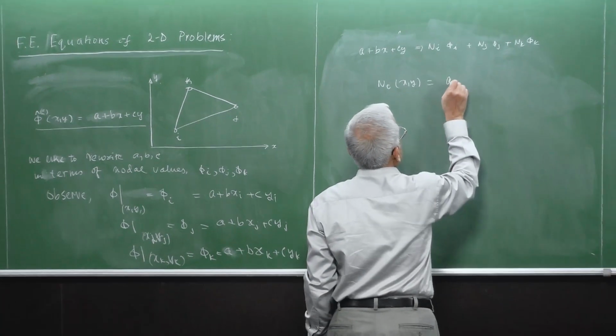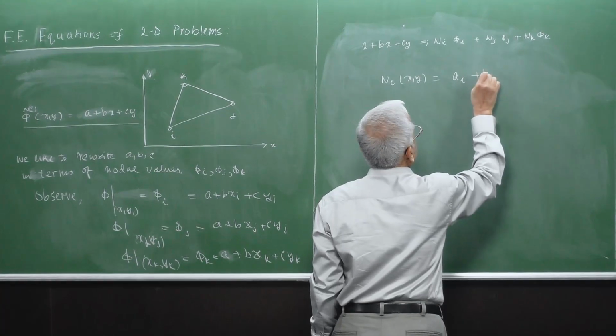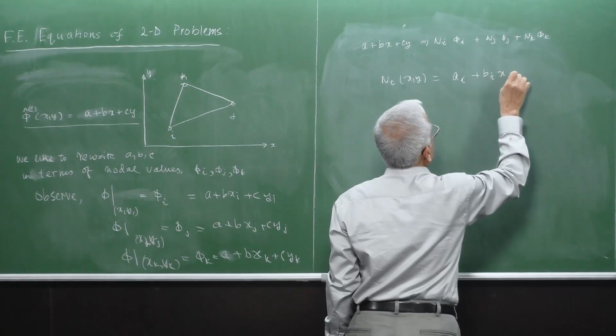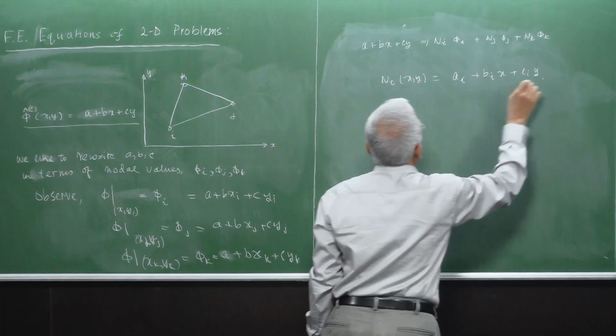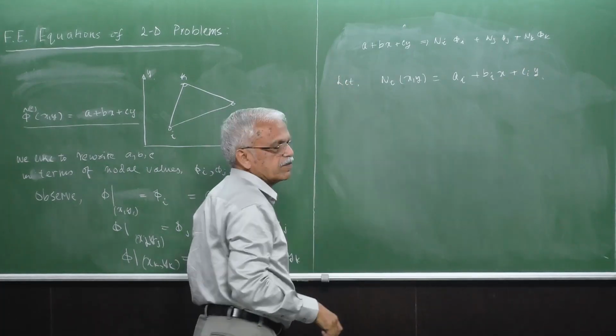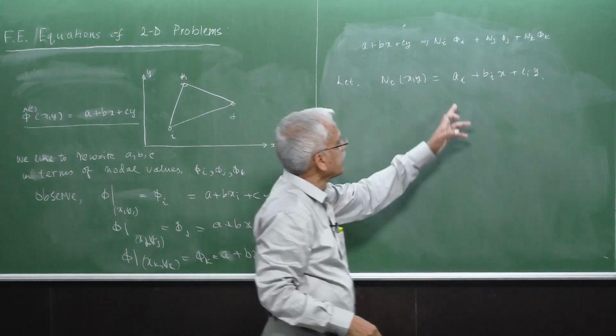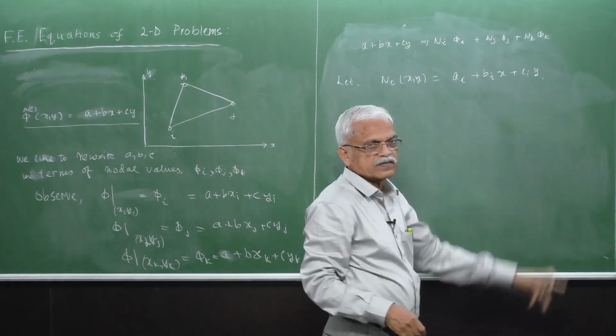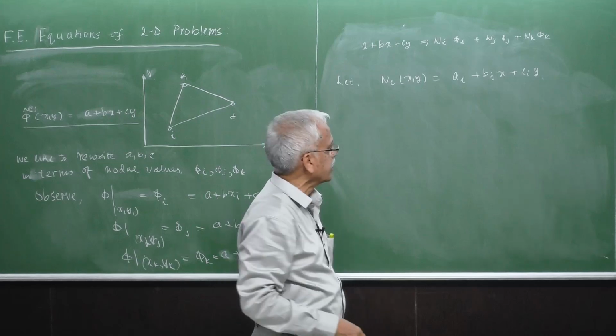At this moment you can write it as ni equal to ai plus bi x plus ci y. So we will try to find out what these ai, bi, ci are.